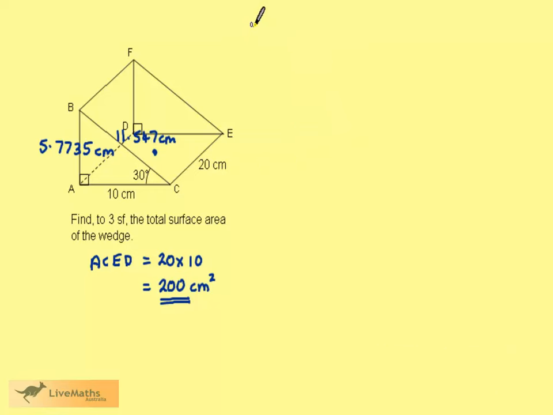Note how we've added the information we just worked out onto the original diagram. We're now in a position to proceed to work out the area for the triangular ends. Note we have the same triangle at both ends. Therefore, if we work out the area of one, we'll have the area for the other as well. So here's the triangle. This is 10 centimeters and this 5.7735.